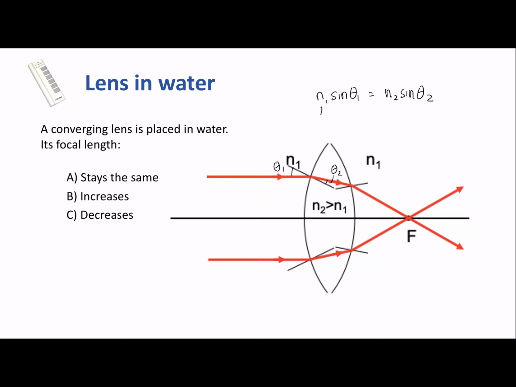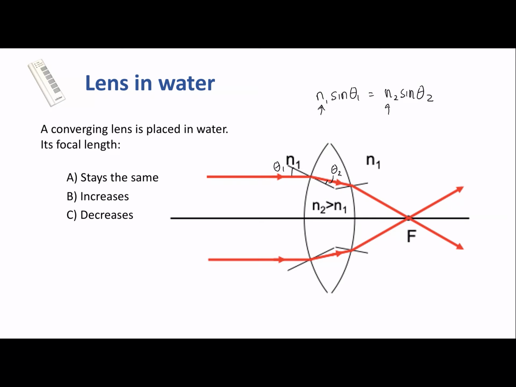If this difference between n1 and n2 is very large, the difference between the angles will be very large. If the difference between n1 and n2 is very small, the difference between the angles will be very small. And you can see this do a thought experiment. If you let n1 equal n2, then the two angles have to be equal. The greater difference you introduce between n1 and n2, the greater the difference between those two angles.